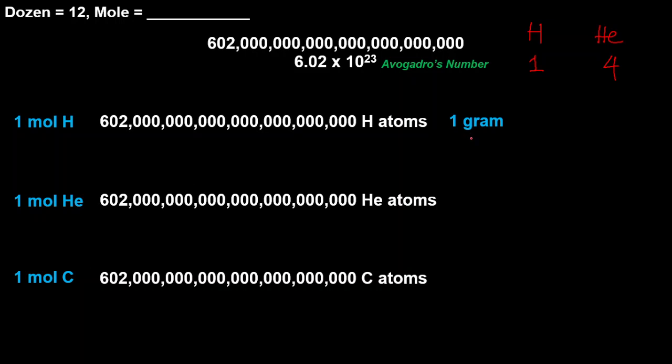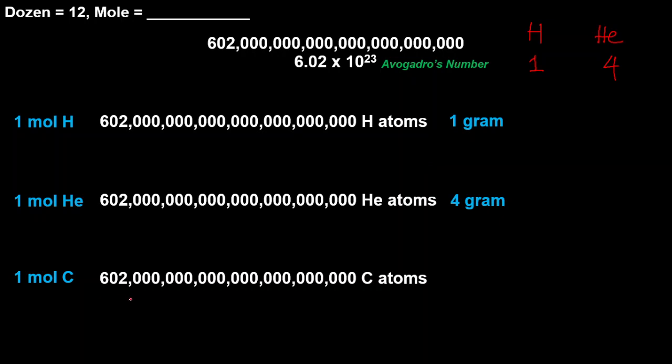What do you think is the mass of 1 mole of helium? Right, again, helium is always 4 times heavier compared to hydrogen. So the same number of particles, but since helium is 4 times more massive, its mass is actually equal to 4 grams.